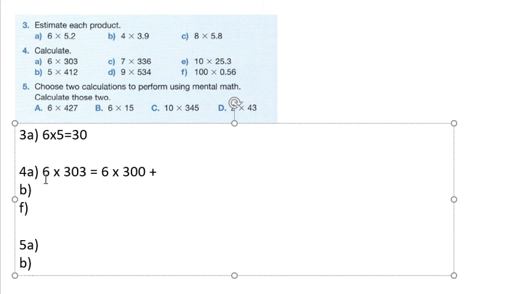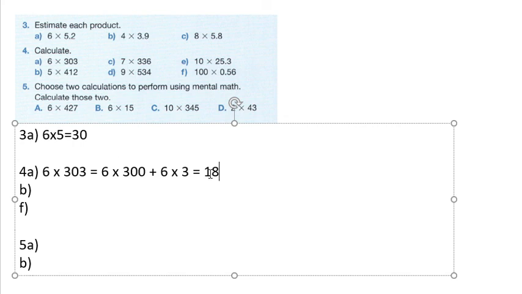So this is like saying 6 groups of 303. So here I have 6 groups of 300, but I'm missing 6 groups of 3. I didn't include those there. So 6 times 3. And I can add all these up. So 6 times 300, we learned from a previous chapter, 6 times 3 is 18.